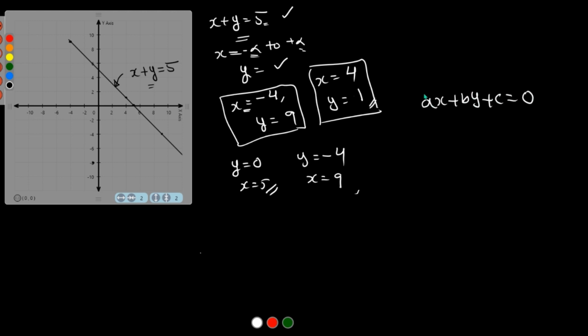Here a and b are real numbers, with each line having different real numbers for this equation. So for the current equation, it is x plus y minus 5 is equal to 0. Here a is equal to 1, b is equal to 1 and c is equal to -5.